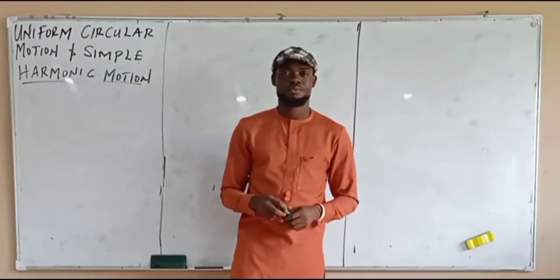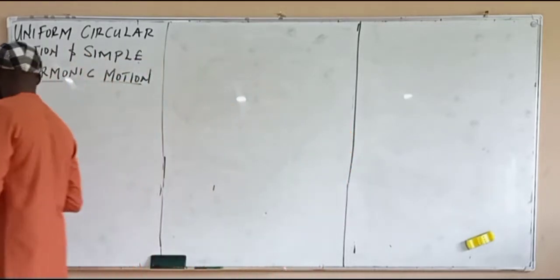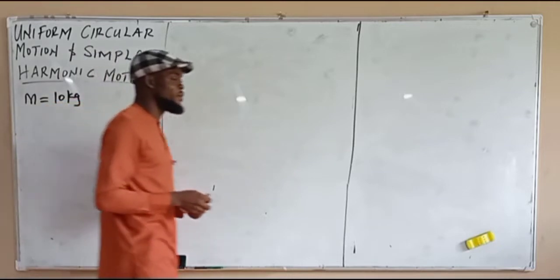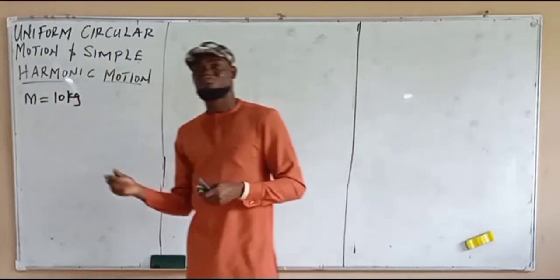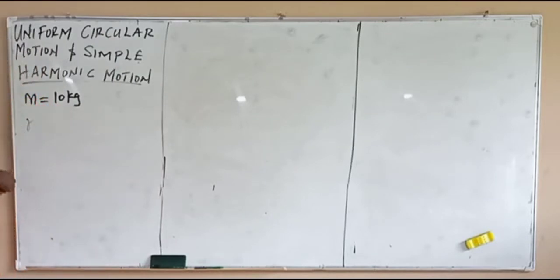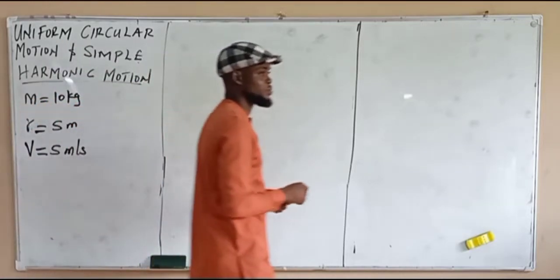Alright, let's look at this question. A body of mass 10 kg moving in a circular path of radius 5 meters, and with a velocity of 5 meters per second.